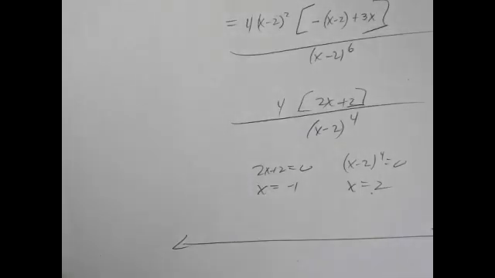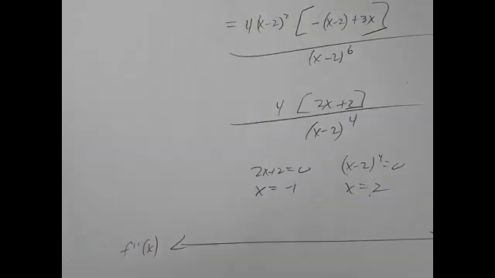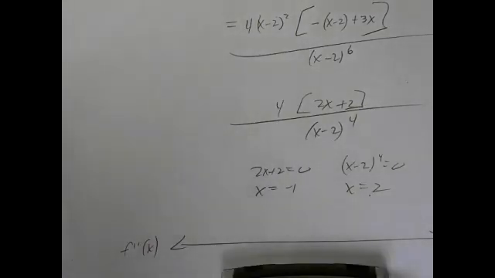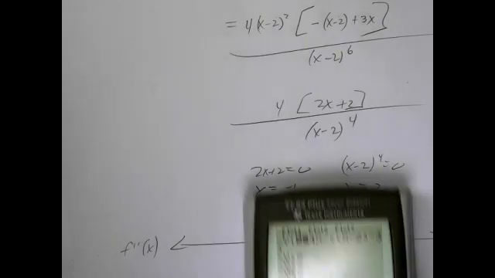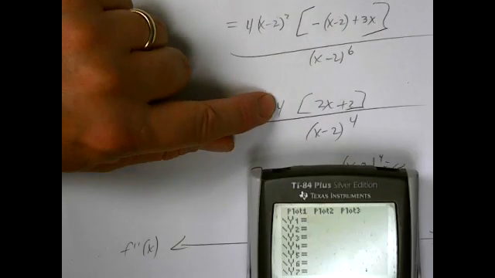Let me just back on the camera. F double prime of x. I'm going to test that on the number line, so I will go back to the calculator and put in the derivative.